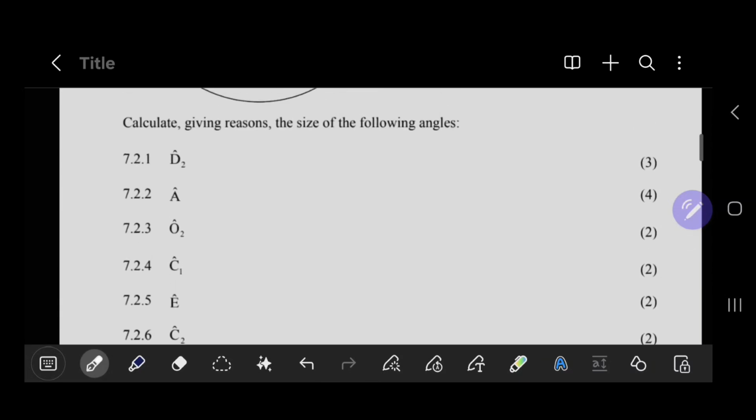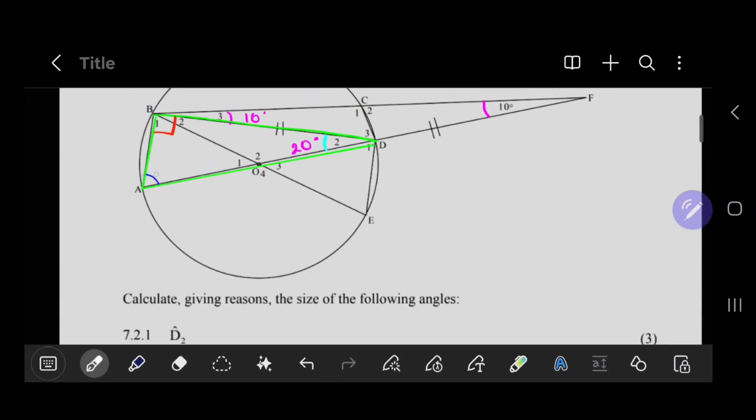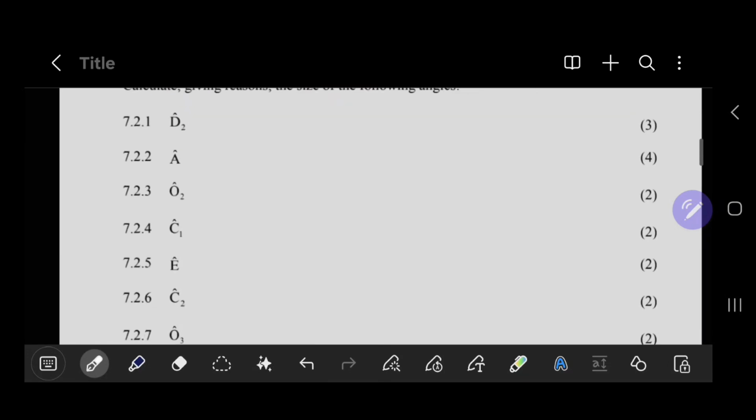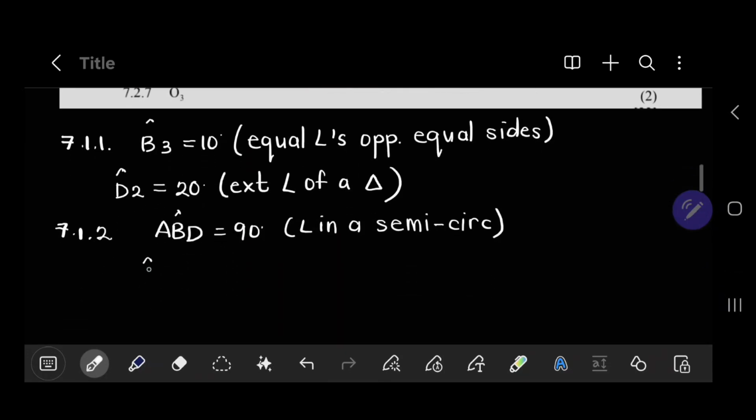And now that we have ABD, we can easily calculate angle A. So all we have to say is 180 minus 90 minus 20, and we get angle A. Remember, you just need to give your angle and the reason, so you don't actually have to show the calculation, but 180 minus 90 minus 20 leaves us with 70 degrees.